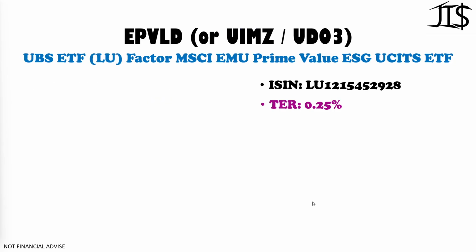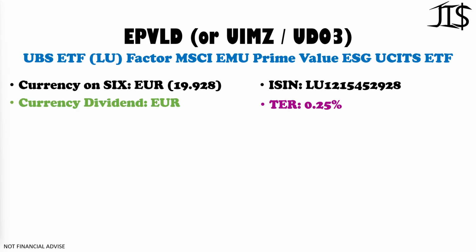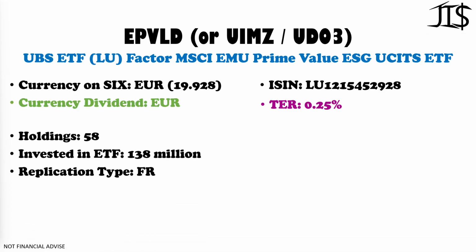Then we have the EPVLD from UBS with a total expense ratio of 0.25%, so much better than the one from iShares. And you can buy it for 19.928 euros on the SIX stock exchange. There are 58 holdings in this ETF, and there is 138 million invested into this ETF.